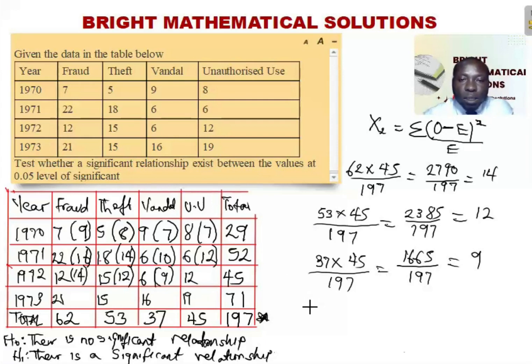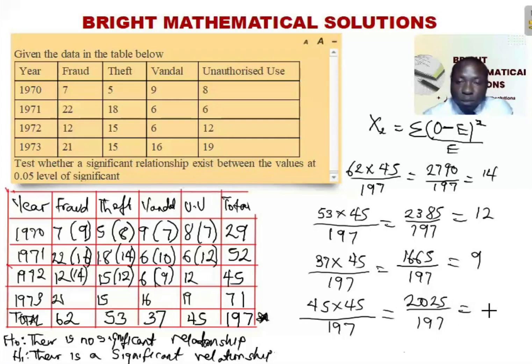Closing the bracket. And unauthorized use 1972, that is 45 multiplied by 45 divided by 197. So that gives me 2025 divided by 197, and that gives me 10. So here I'm writing 10. So let me rub this.